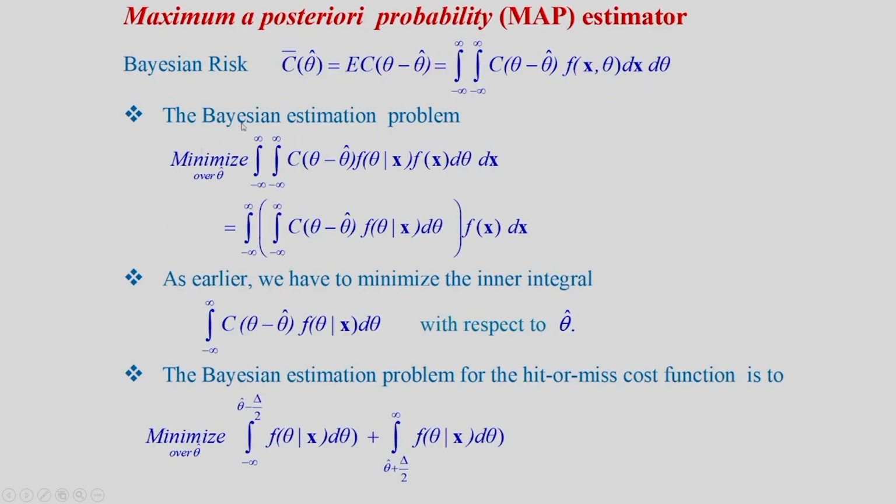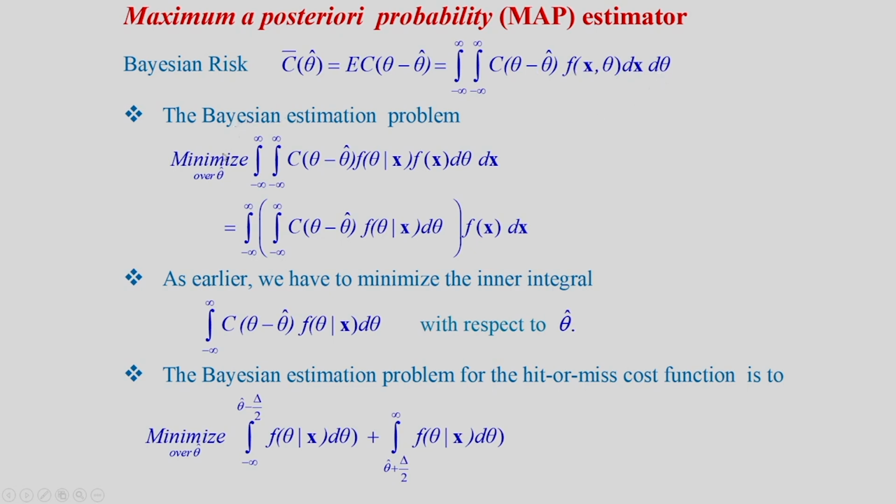Now, corresponding to this hit or miss cost function, the Bayesian risk function is given by the expected value of C of theta minus theta hat, that is the integration from minus infinity to infinity, minus infinity to infinity of C of theta minus theta hat into f of x, theta dx d theta.